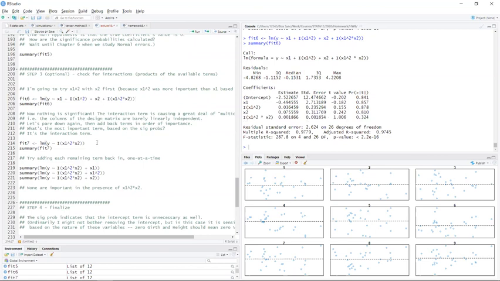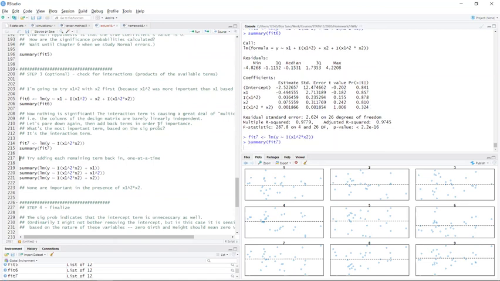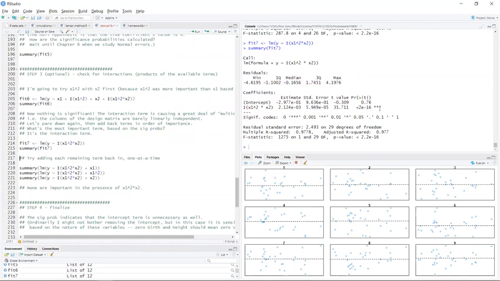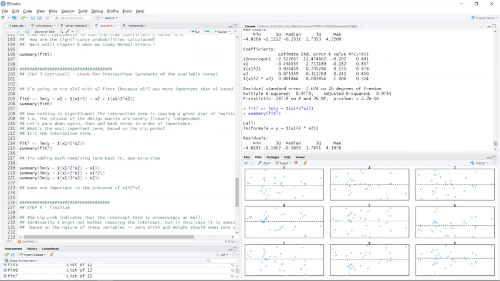All right, so we're going to go all the way back and redo the whole fit using only the most important term. The most important term is this interaction term, actually. That's unusual, but all right. Let's do that. Yes, this interaction term has an incredibly small significance probability.